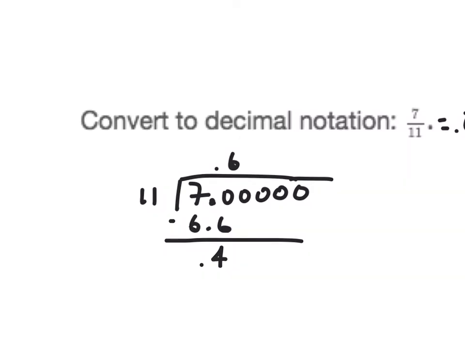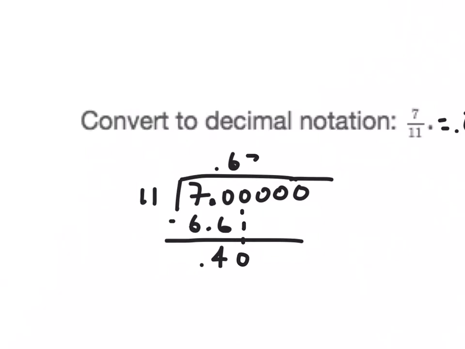So then I repeat that process, and I say, okay, 11 times what is going to get me close to 4? All right, well, that doesn't work because 11 is larger than 4, so let's drop down this 0 here. Okay, what about 11 times what gets me close to 40? And the only one that gets me close is 3.